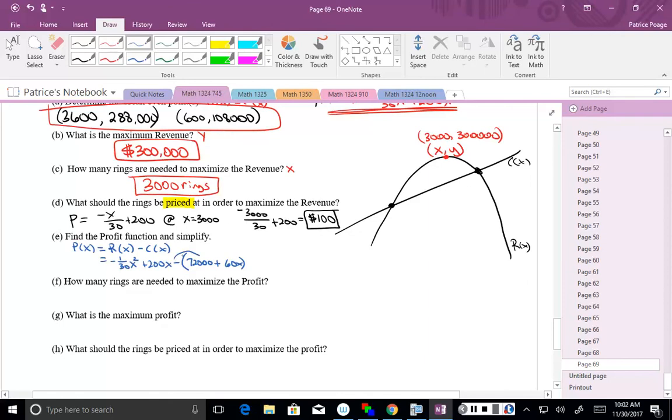So distributing that negative sign, I'm going to have negative 1 over 30 x squared. 200x minus 60x is minus 140x, and then minus 72,000. That would be my profit function.